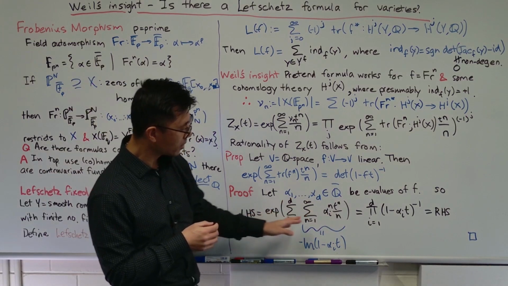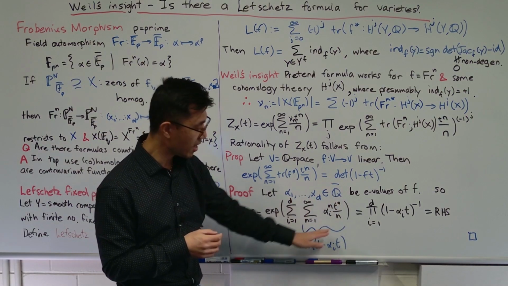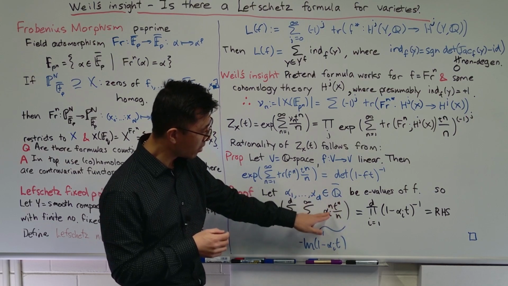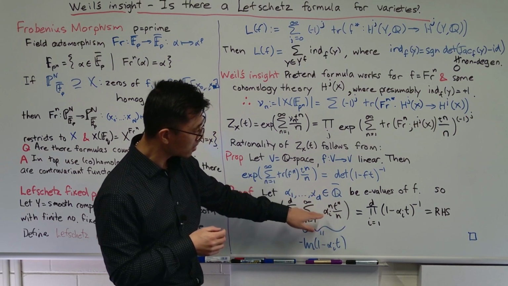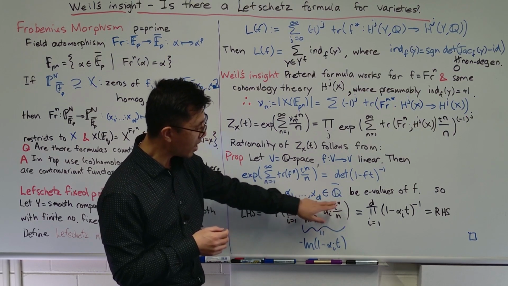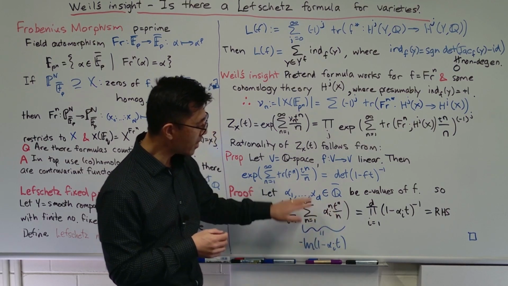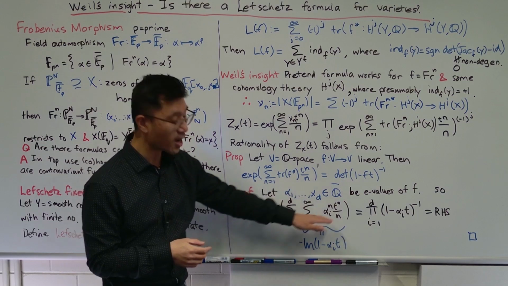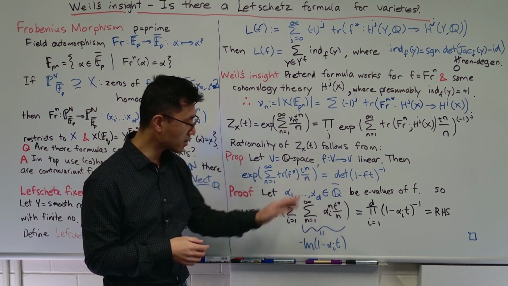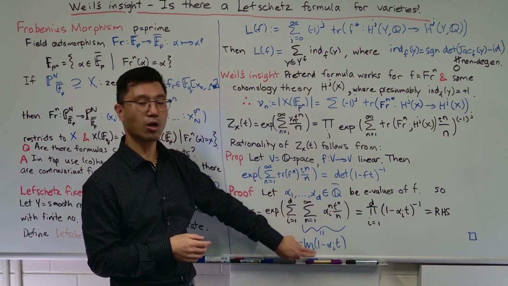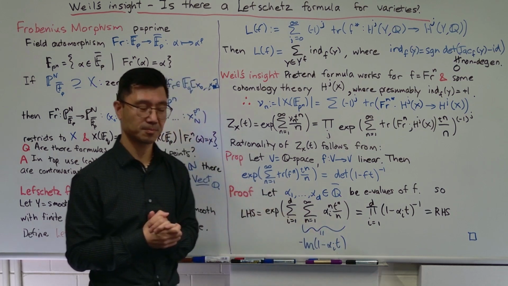And then the key point is that if you look at this expression here, that's rather nice. On the numerator, you can essentially see just the nth power of alpha i times t, that's divided by n, and you're summing that. And of course, we should recognize this as a well-known power series. It's just the negative of the natural logarithm of 1 minus alpha i t.